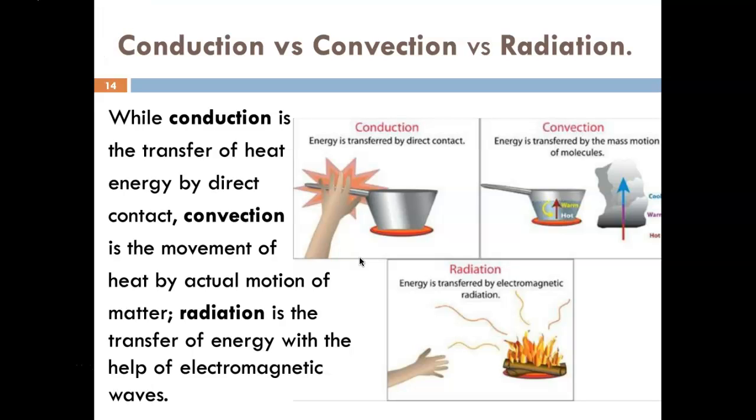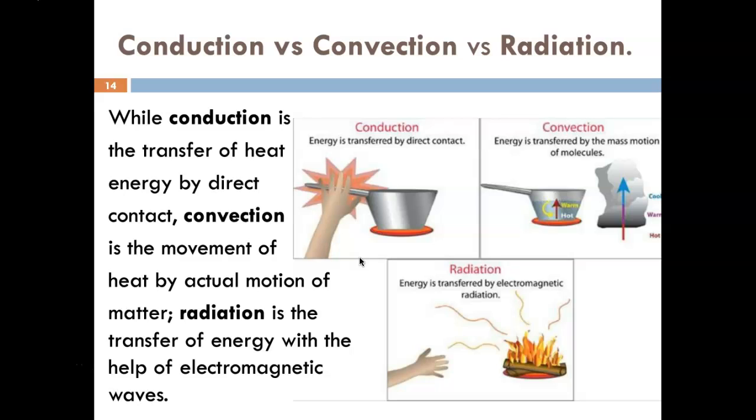Last slide in this little talk is going to be about the difference in these three items. I think this visual sums it up the best. Conduction is the transfer of heat by direct contact, like touching the pot.